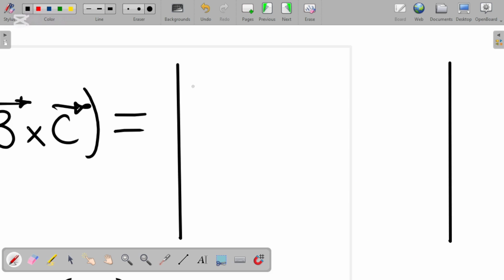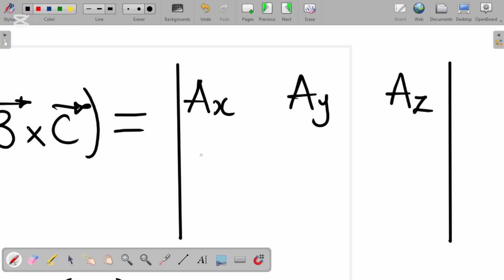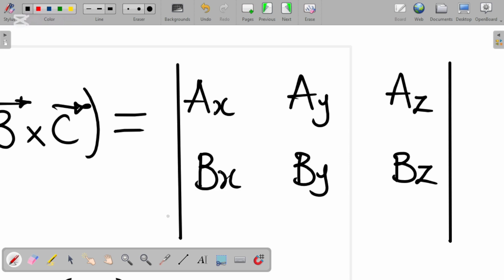Alright, so for the first row, you will have AX, AY, and AZ, the components of vector A. For the second row, you're going to have BX, BY, and BZ. And for the third row, you're going to have CX, CY, and CZ.